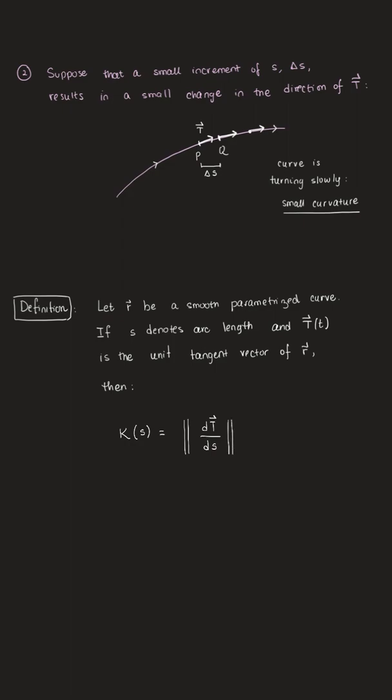So dT/ds is telling us how quickly T is changing in direction, so how quickly T is changing along the curve. And the curvature measures the magnitude of that change. Since it measures a magnitude, it is a non-negative scalar function.